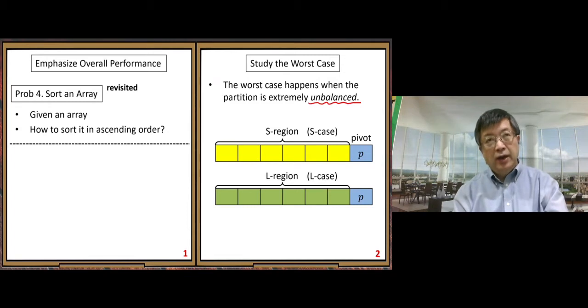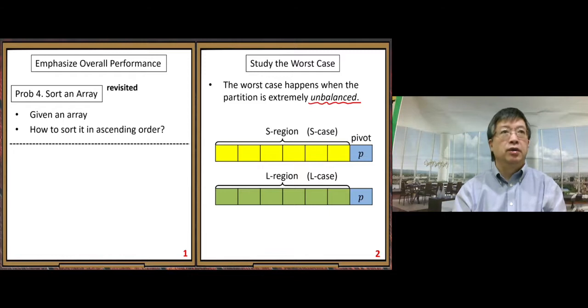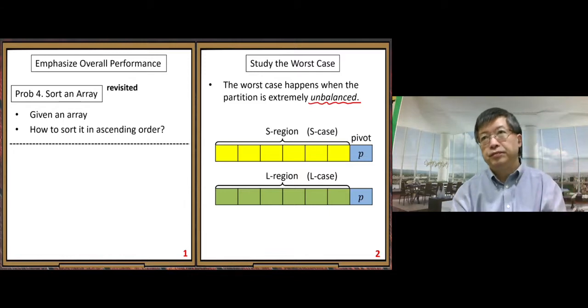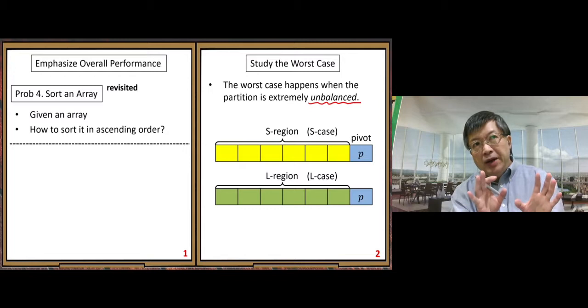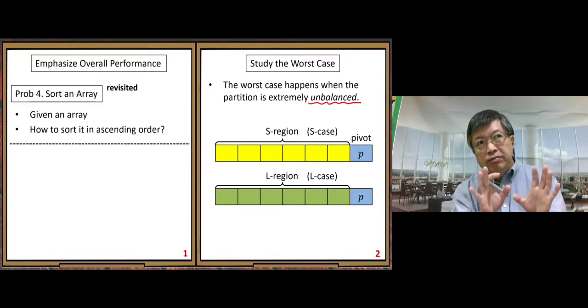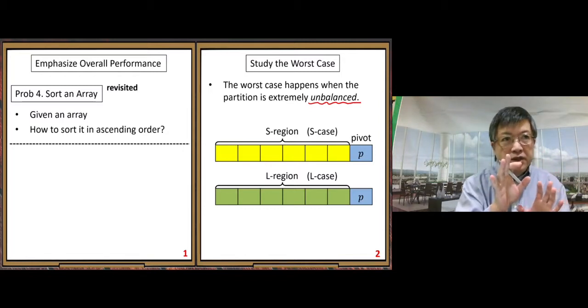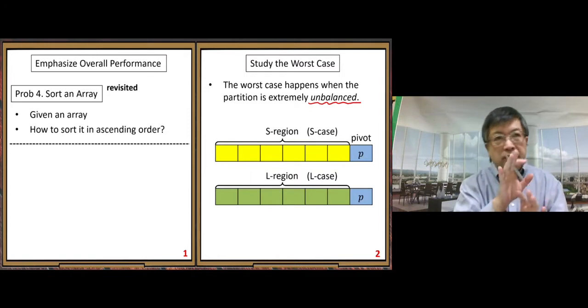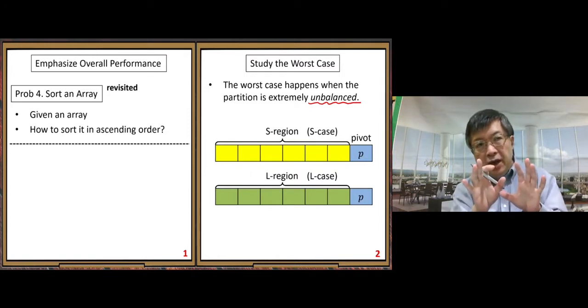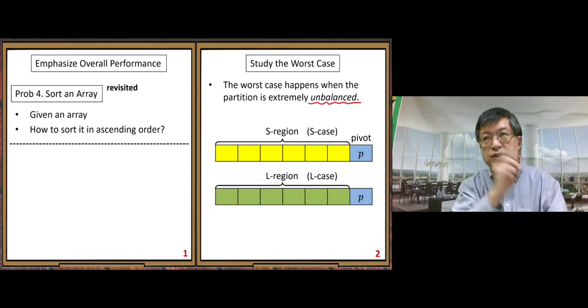So these two both correspond to the worst case. But if I ask you to compare these two cases, can you get some idea of which one is slightly worse, slightly better? Can you see a little difference between these two?